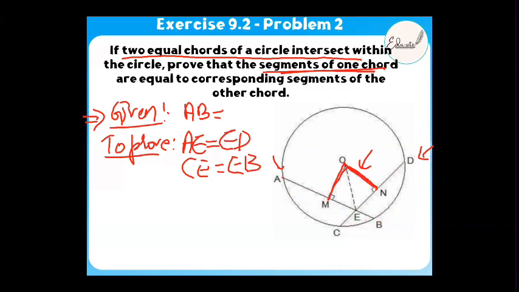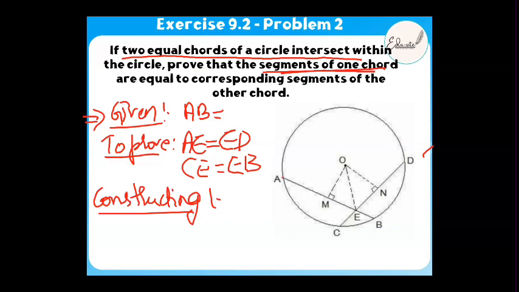Okay? Let's start proving. Chalo. We have just written what is given and what is to be proved, and what we need to construct. What extra things are we constructing? We have to draw OM perpendicular to AB, correct? Then ON perpendicular to CD.